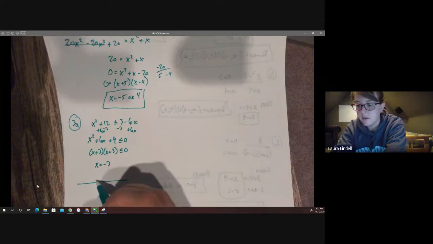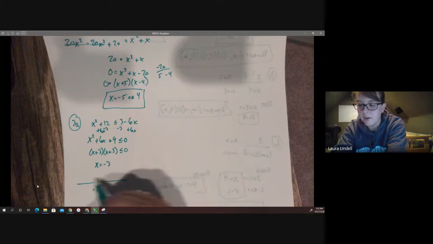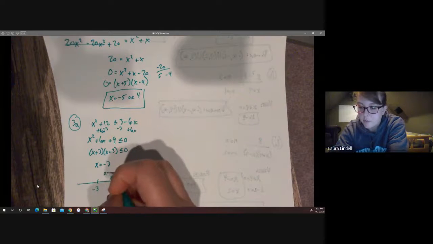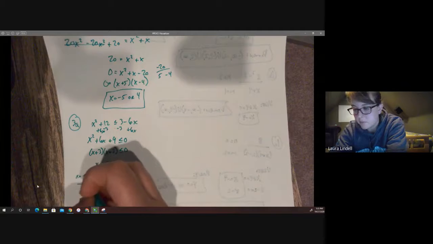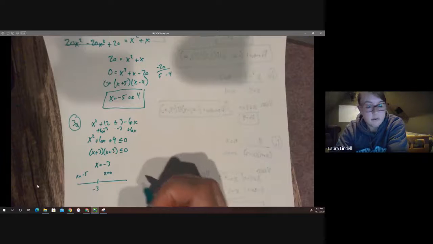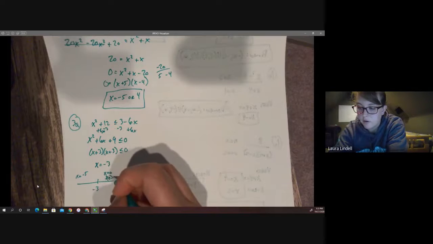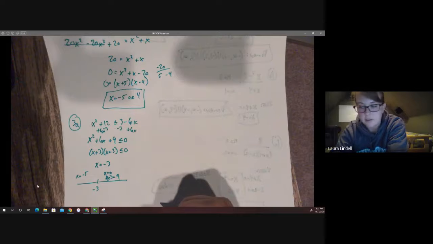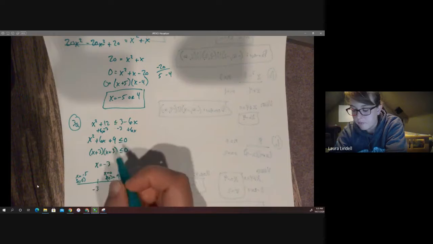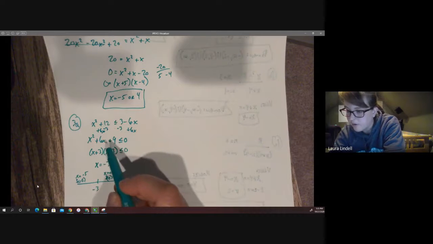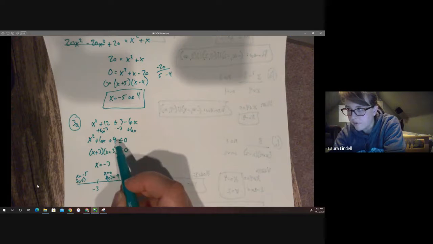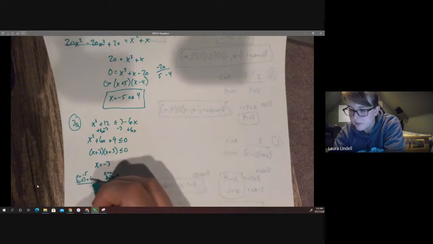If you're making a table of values or a sign chart, x equals 0 would be over here, and x equals, say, -5 would be over here. f of 0 is 9. And f of -5 would be 25, 30 would give us 55, 64.